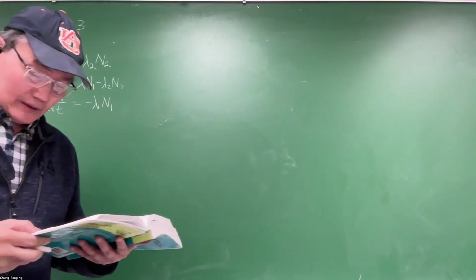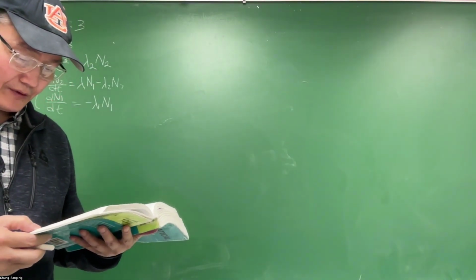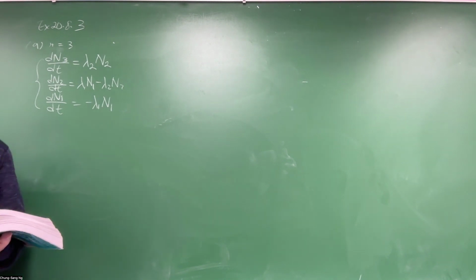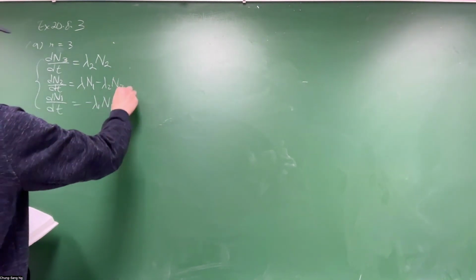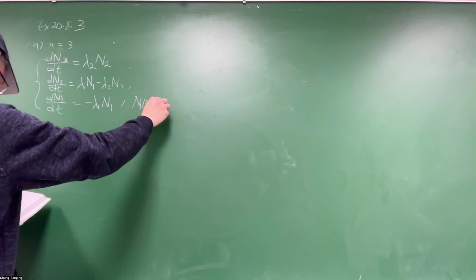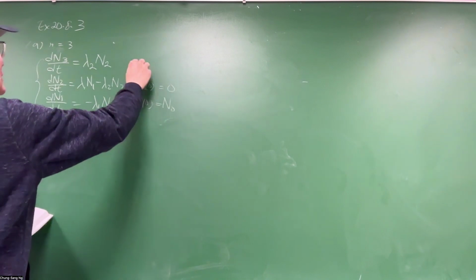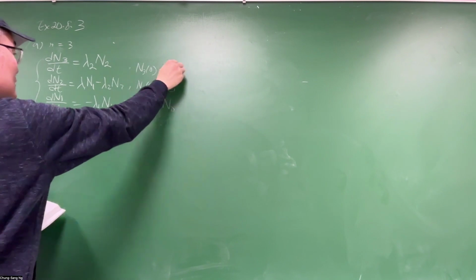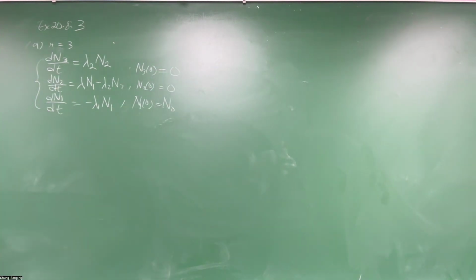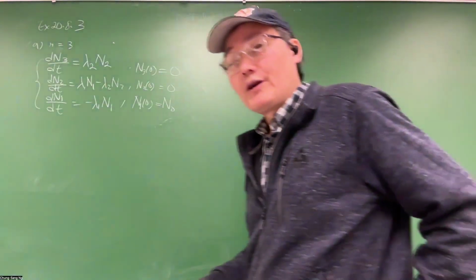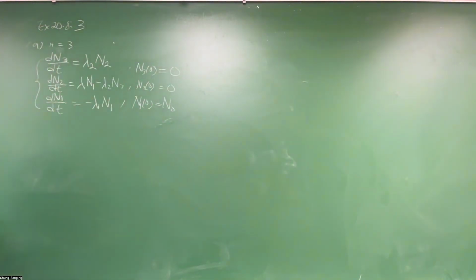And then obviously to solve for all these capital N functions, subject to the initial condition: N1(0) is n sub 0, n2 is 0, n3 is 0, right? And to solve it, obviously you can solve it by the usual differential equation method. You just write down the general solution and then fit the initial condition.